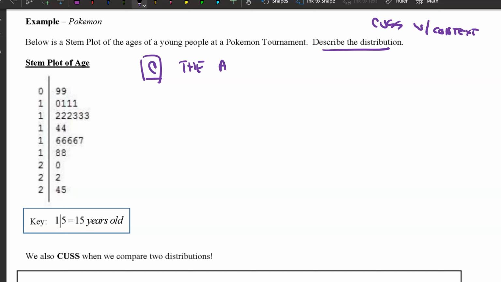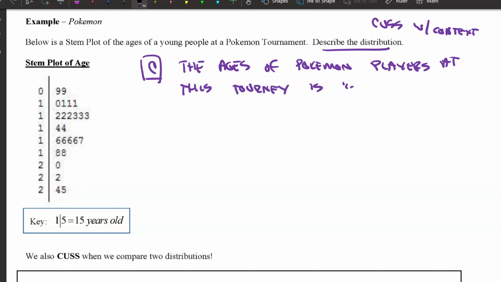The ages of Pokemon players at this tournament is centered about 15 years old.